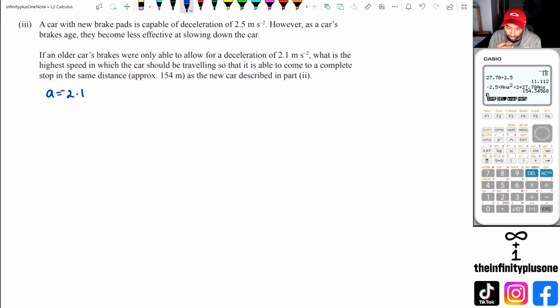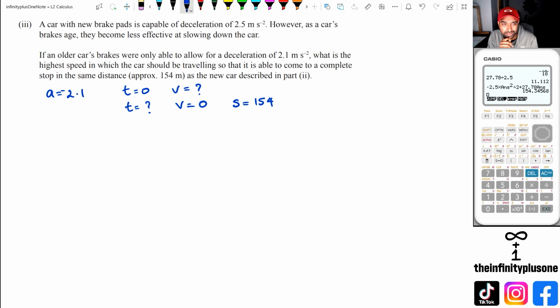So things that we know is, at t equals 0, we don't know what the velocity is, because that's what we're trying to figure out. We don't know how long it's going to take, but at that point we're going to get velocity equal to 0 and s equal to 154 approximately.